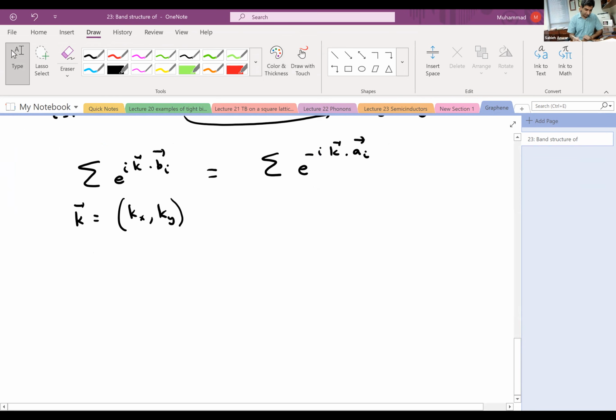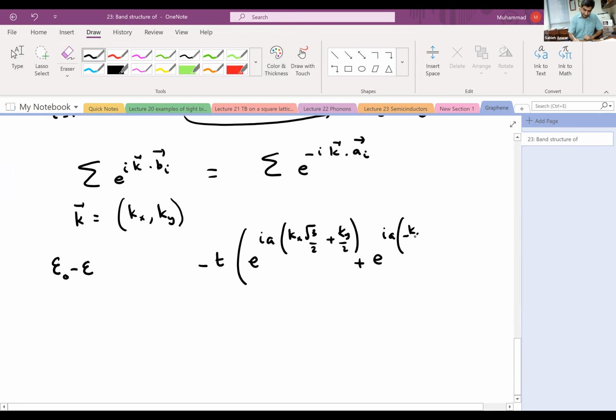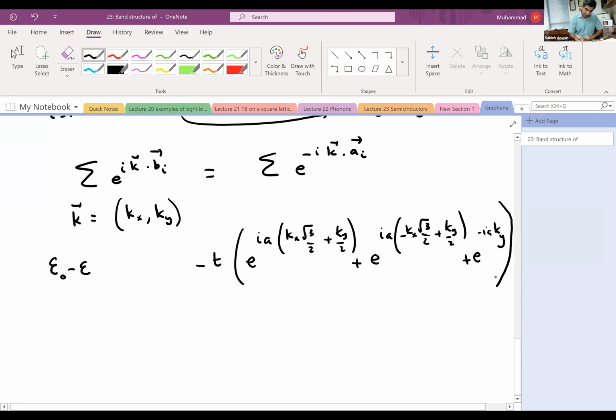the characteristic equation that would be formed would be of the following kind: E naught minus E, minus T times [e^(i a kx √3/2 + ky/2) plus e^(i a (−kx √3/2 + ky/2)) plus e^(−i a ky)]. Likewise, the term here will simply be the complex conjugate.